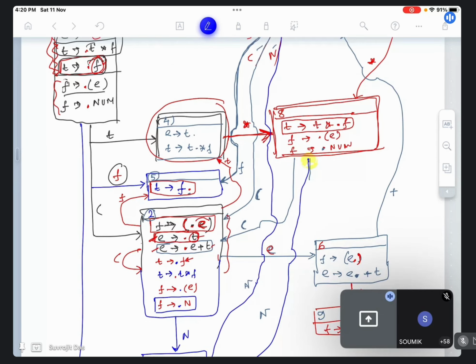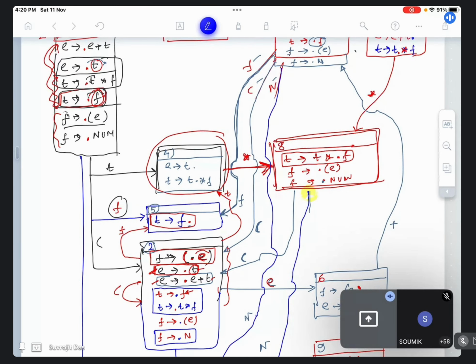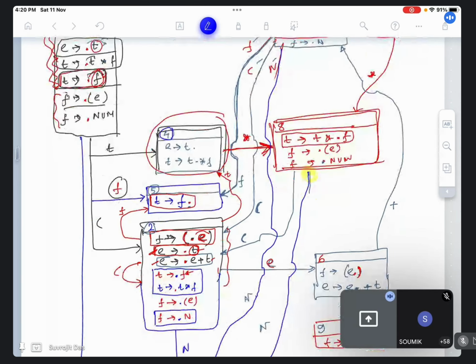By virtue of these two productions, I must be able to move on a T to state number 4, right? Because in state number 4, I had E goes to T dot. So by virtue of this LR0 item, if I take a T by this path, then I have the upper LR item.